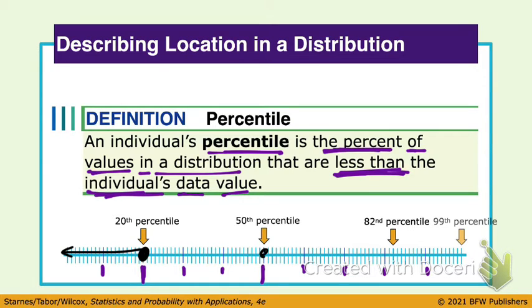Someone at the 50th percentile means that there's 50% of the graph that's less than that data value. The 82nd percentile means that there's 82% of the data less than what they are, and so on and so forth. So a percentile is the percent that is less than an individual's data value.